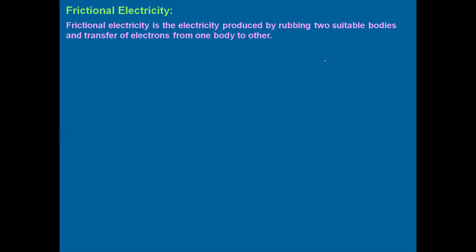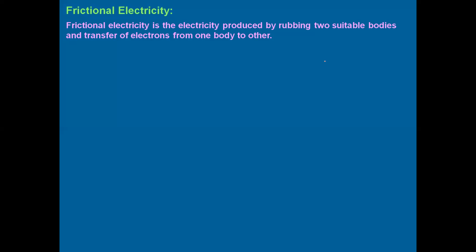Let us look into what frictional electricity is. It is nothing but the electricity produced by rubbing two suitable bodies and the transfer of electrons from one body to another. In chemistry, you might have studied that every body is made up of atoms, and the most important charged subatomic particles are electrons and protons.